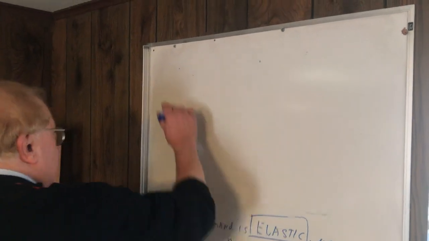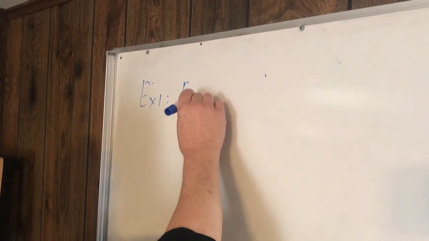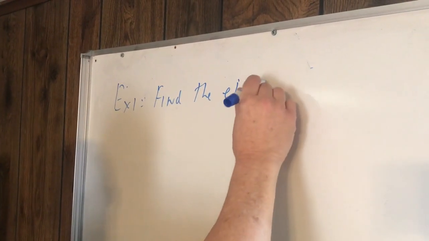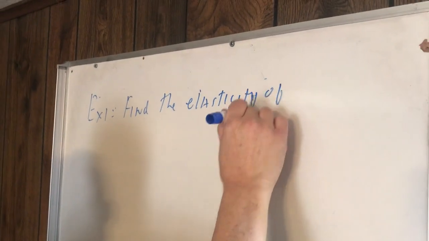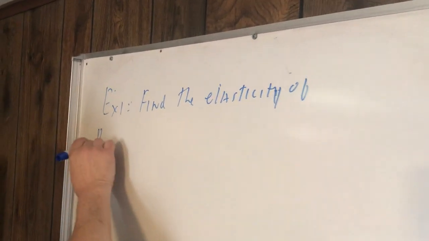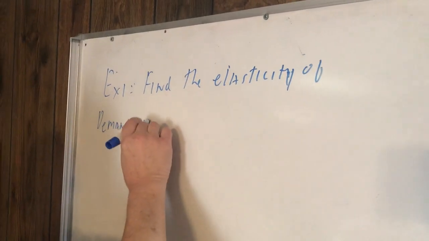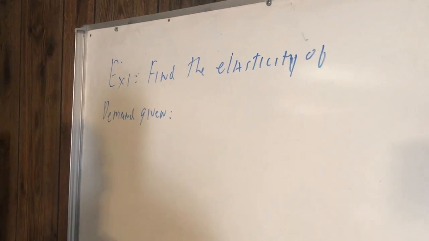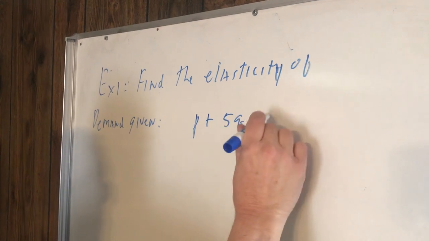Okay, so example 1. Find the elasticity of demand given the following function: P plus 5Q equals 100.